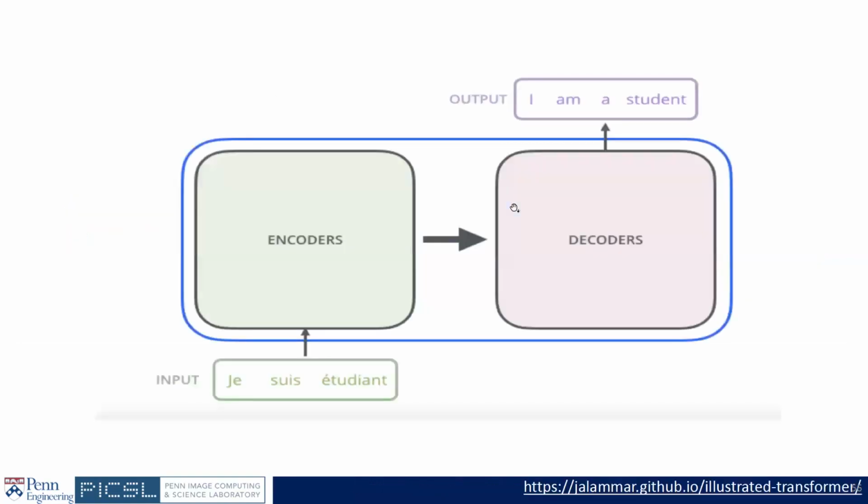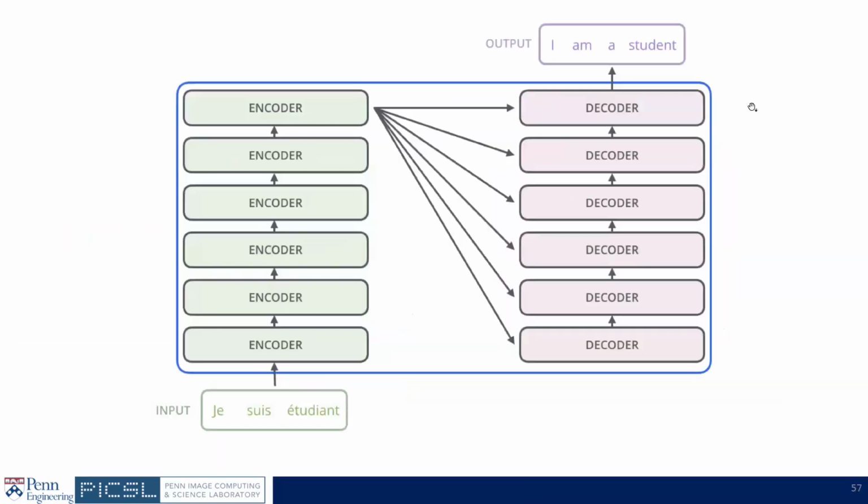So a transformer again can be thought of as an encoder and decoder, right? Input goes to an encoder, then you want to decode it to get the output. Again, just as we saw in UNet and RNNs, the encoder can be different stacks of layers, and then the decoder can again be a different stack of layers, right?